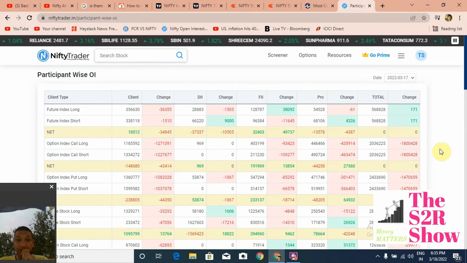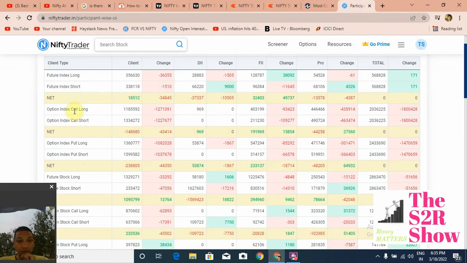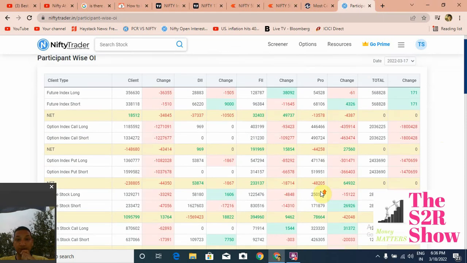We should not be sitting on more, and a short position should be light. If you are short on call, that should be light. If you are long on call, that should be high. So you can see the FIIs' call long position is just double of the call short position.